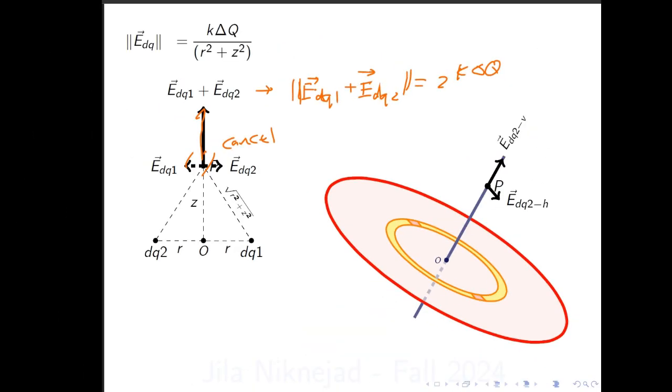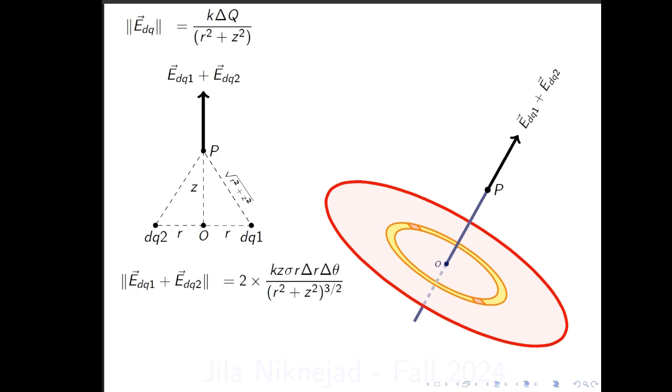So the sum of the two fields resulting from the two infinitesimal symmetric charges is going to be a vertical vector whose magnitude is equal to twice the magnitude of the vertical components of each field.